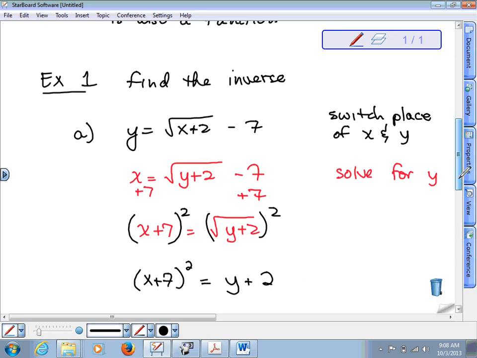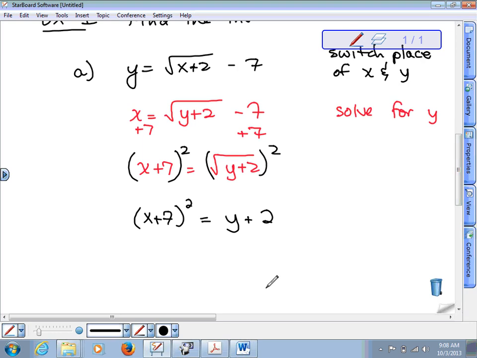Now what? Subtract 2 from both sides. Where do I subtract the 2 from? The outside of the parentheses, yeah.